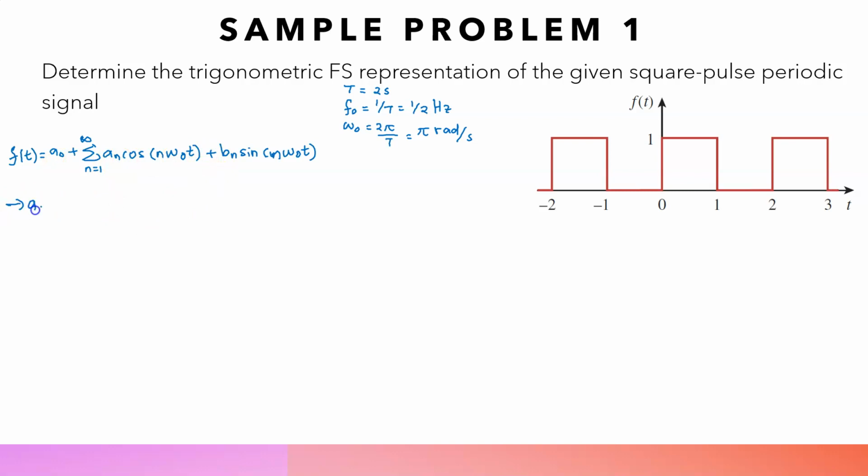For a0, we calculate using this formula: 1 over T, integration over the period of f of t dt.